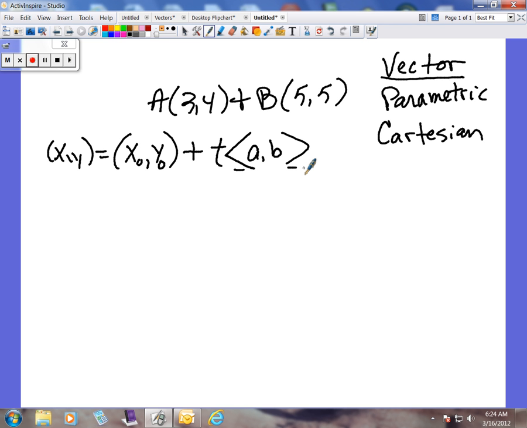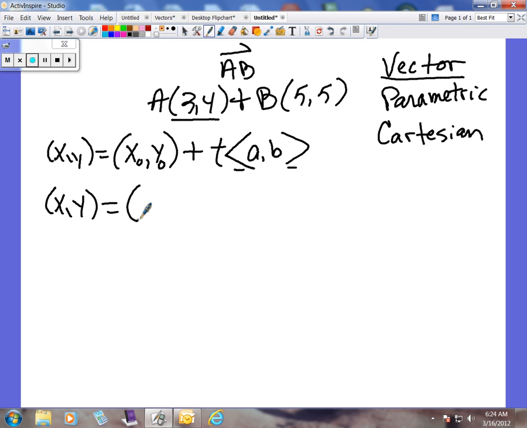In other words, that 3, 4 we found in that last explanation we went through. So, above us here, we're talking about vector AB. Well, this is our initial point, or starting point, 3, 4. So this is not too difficult.